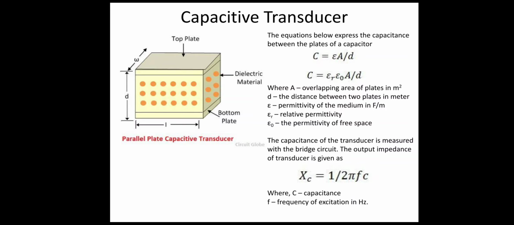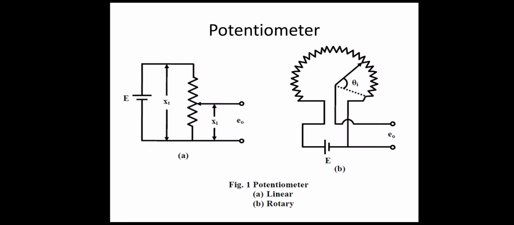So the output voltage would generally be noisy unless the sensor is designed and shielded carefully. The measuring circuit should also be capable of reducing the effect of stray capacitance. You should also know the frequency of the excitation, Fc in hertz, and Xc is 1/(2 pi Fc). So that is the capacitive transducer.